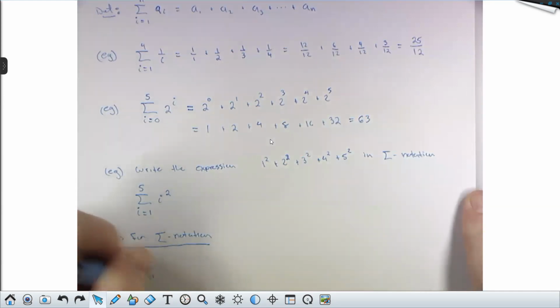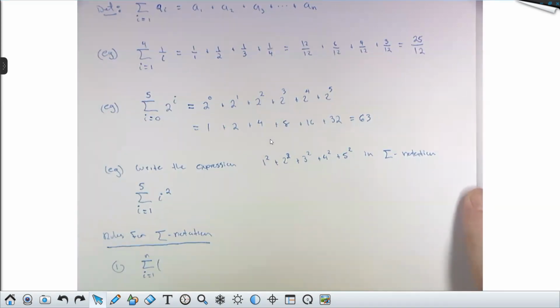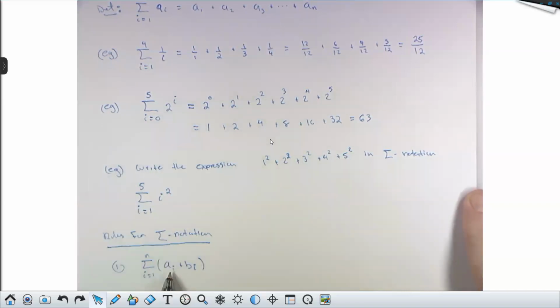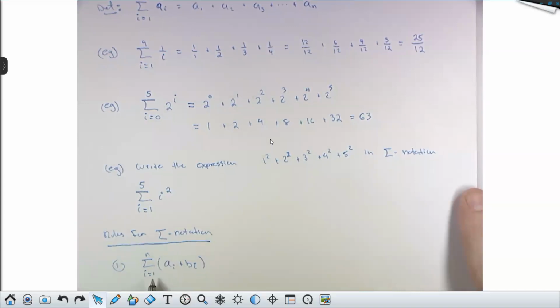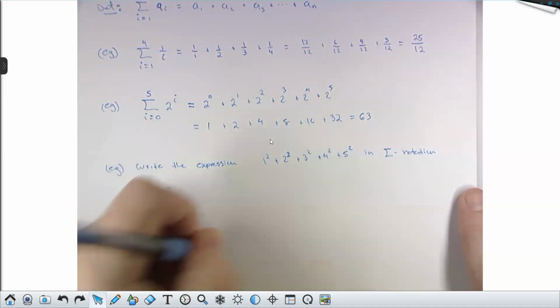The first one is that if you have a sum, sigma I from 1 to n, with two things inside being added up, maybe like ai plus bi. So this could be like I squared plus I cubed, or 1 over I plus 2 to the I. If you want to evaluate the sum of those things, you have the option of splitting it up.